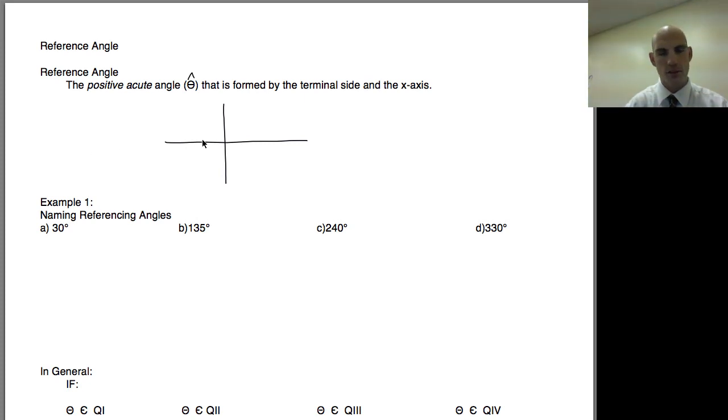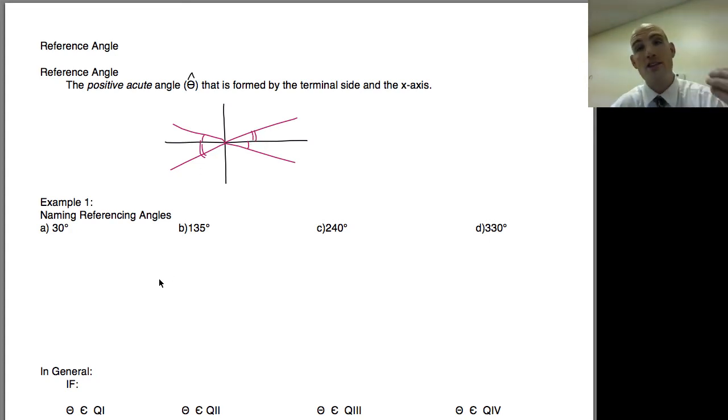And so reference angle really is only talking about the angle that's formed with the x-axis. Each of these values is in reference to the x-axis, that's why it's called reference angle. So it's all of these values here. Notice, it's not all the way around, it's only in terms of where it lies with the x-axis.